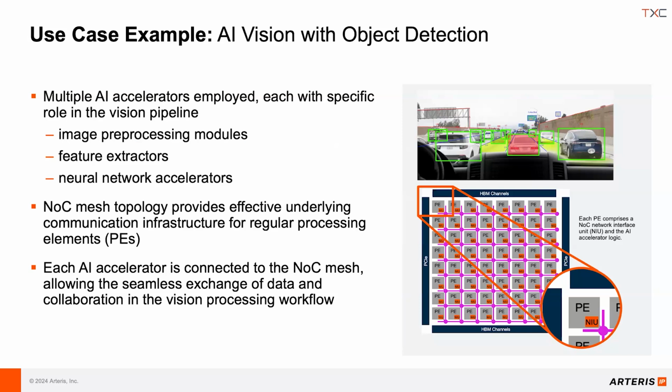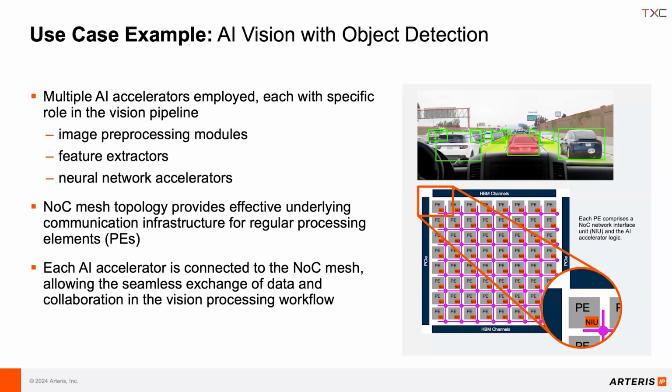Yeah, absolutely. What we have here is a typical use case application that we see coming up many times from our customer perspective. Looking specifically at the automotive segment, for example, this use case example shows how NoC tiling supports machine vision with object detection.